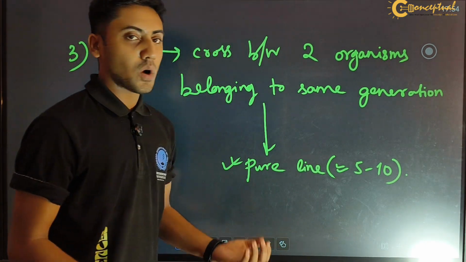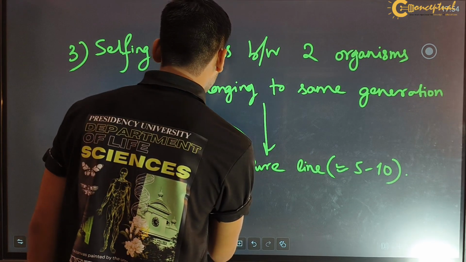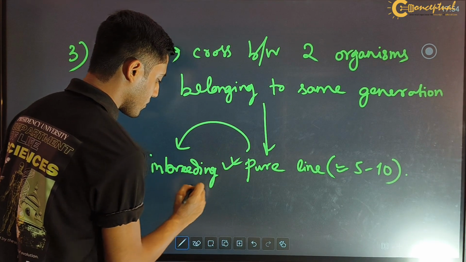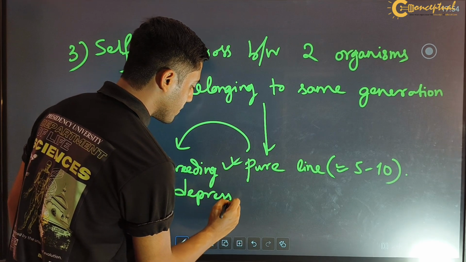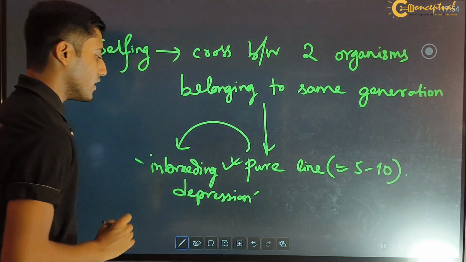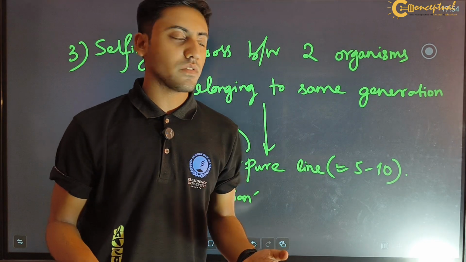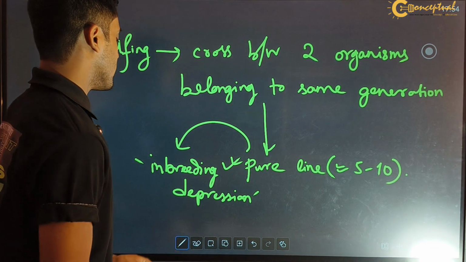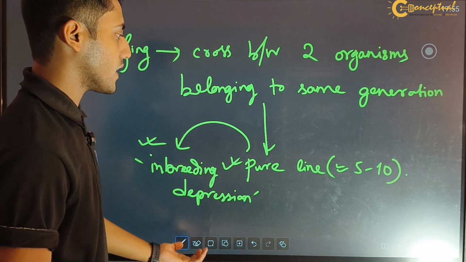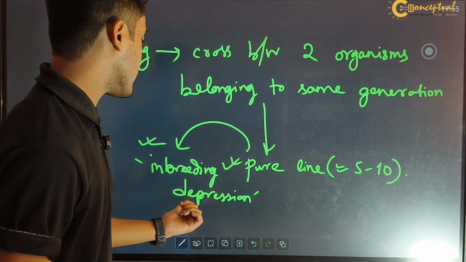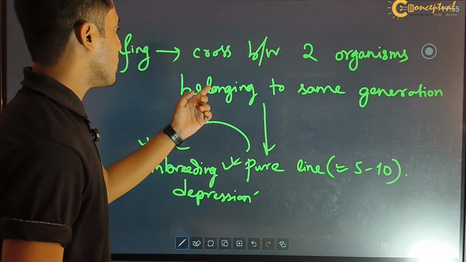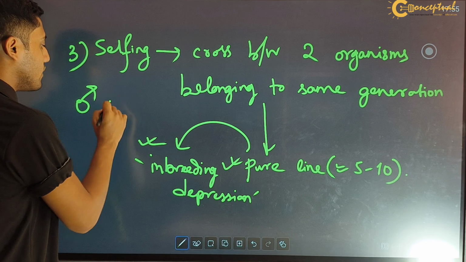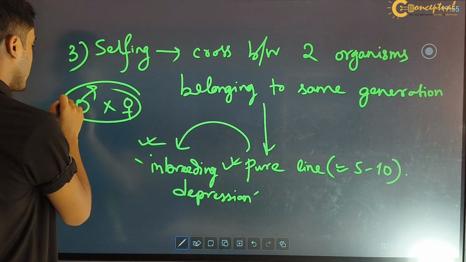But there are certain drawbacks of it as well, such as inbreeding depression. Inbreeding depression refers to the condition where a male and a female are consecutively mated over many generations in the same lineage of family, then we can see some deformities in them. So inbreeding depression is a kind of problem while producing the pure line by selfing, and the process where a male and a female organism are crossed is known as a cross.